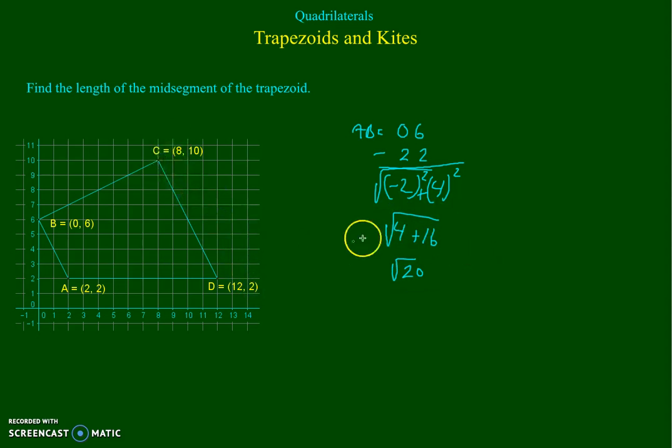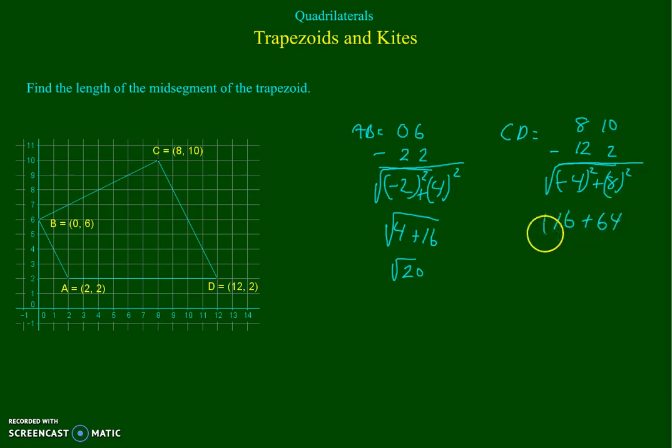Then I'm going to do CD. CD is (8, 10) and (12, 2). 8 minus 12 is -4. 10 minus 2, 8. Square, add, square root. 16 plus 64, square root, and that's the square root of 80.